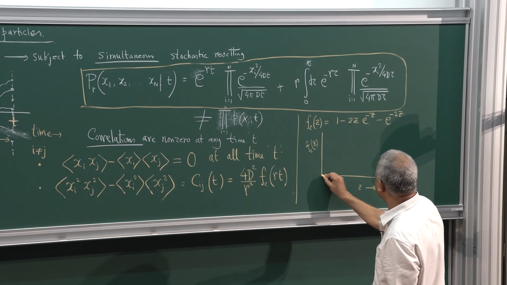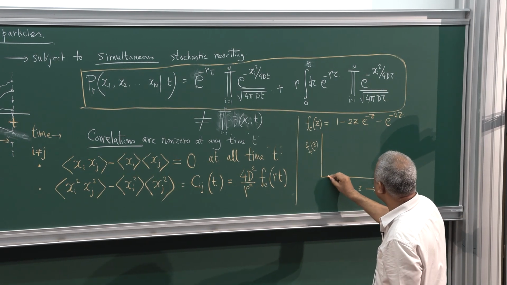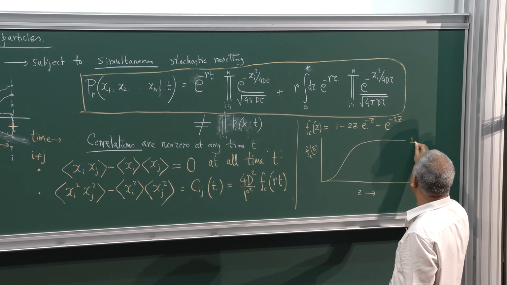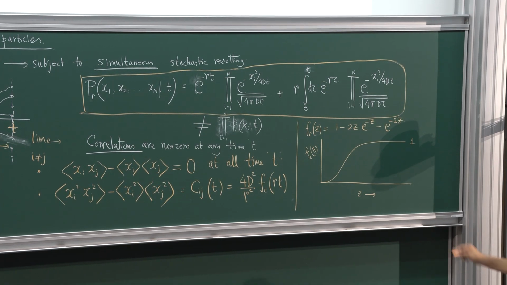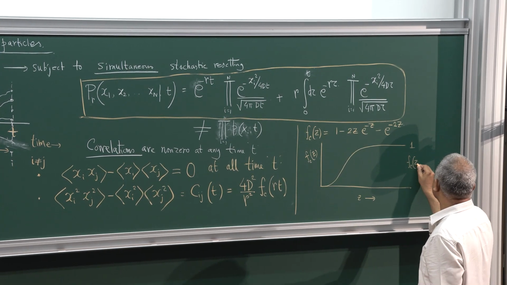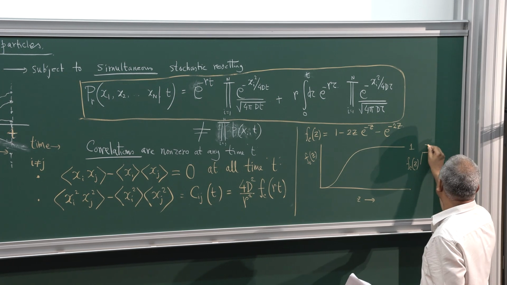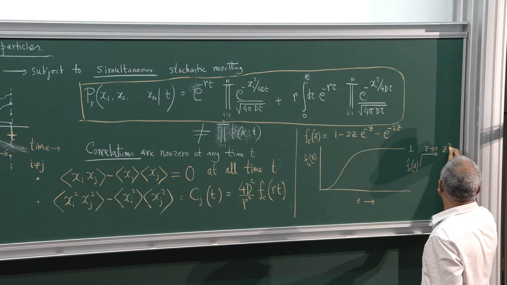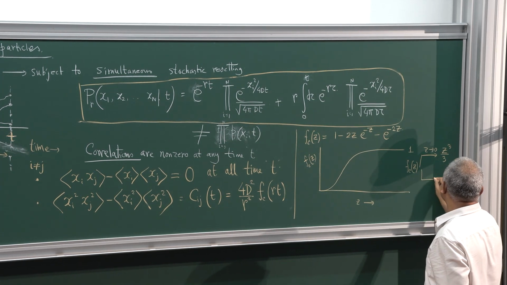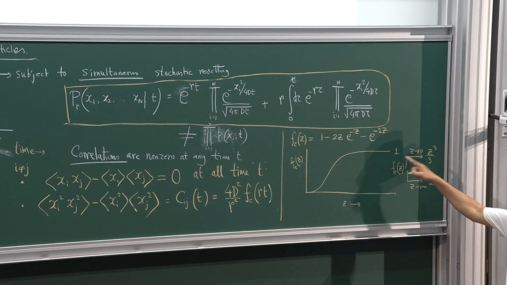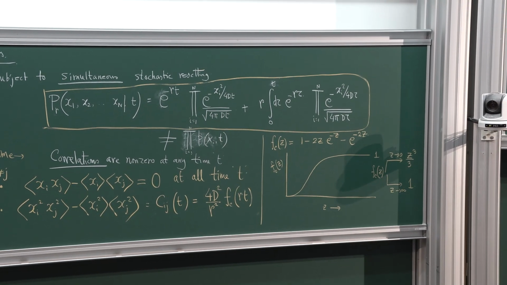So this function, if you plot, approaches 1 as z goes to infinity. So the asymptotic behaviors are: it goes to 1 exponentially fast as z goes to infinity.